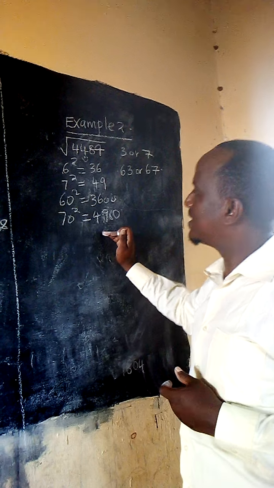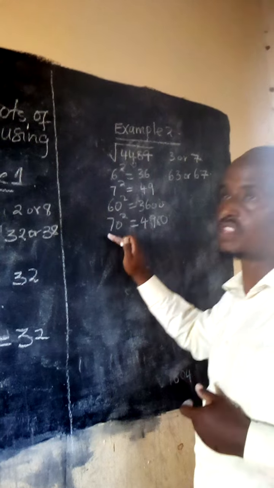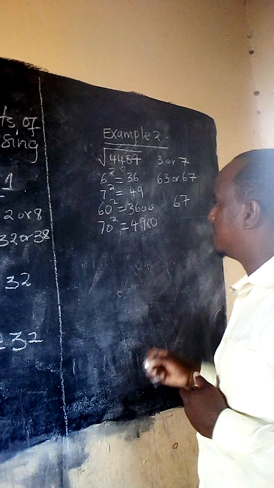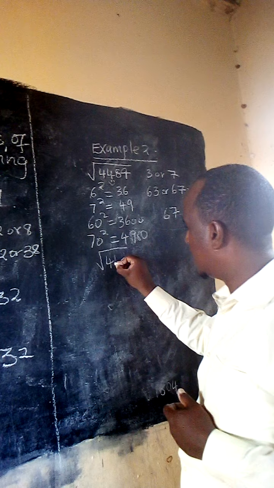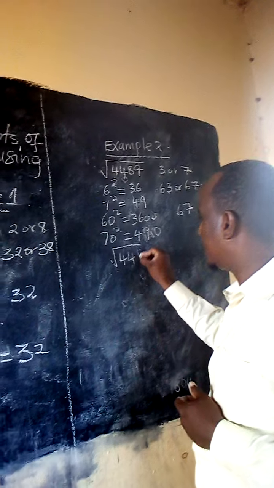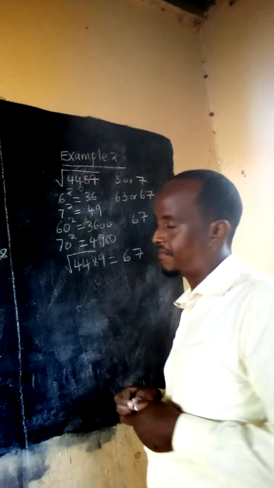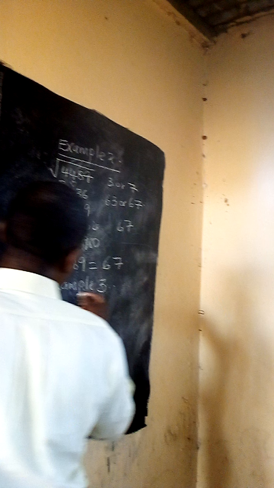So we can see that this number you are looking for is closer to 70 than 60. For that reason, we take 67. So we can say the square root of 4,489 is 67.